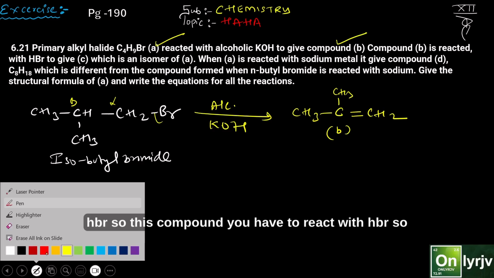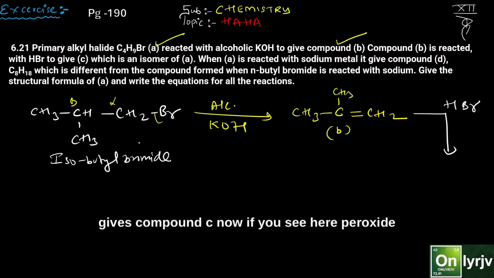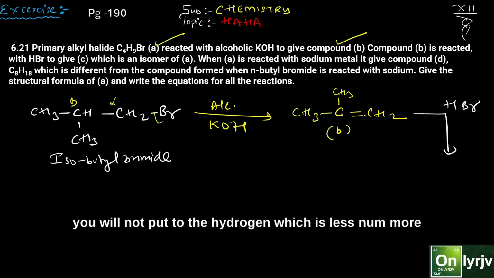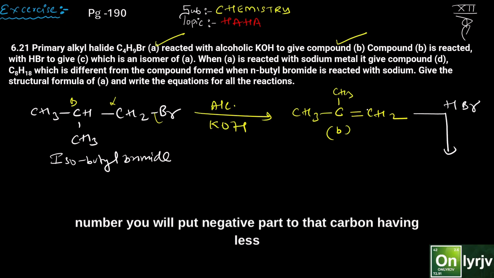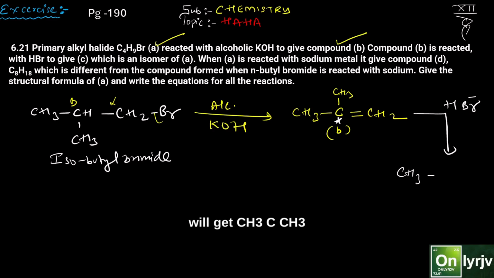Compound B is reacted with HBr. So this compound you have to react with HBr to give compound C. Now if you see here, peroxide is not mentioned. So you will not put the hydrogen on the carbon having more hydrogens. You will put the negative part on the carbon having fewer hydrogens. So this is having fewer.